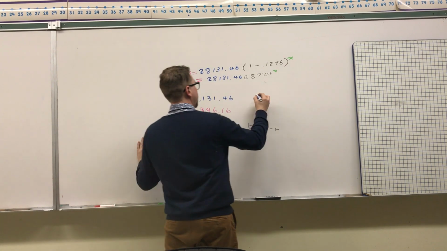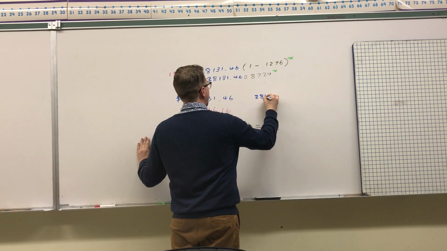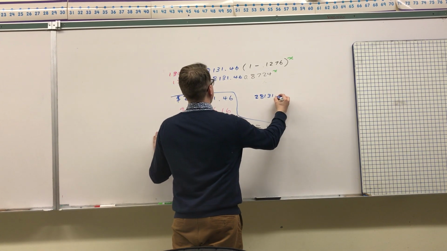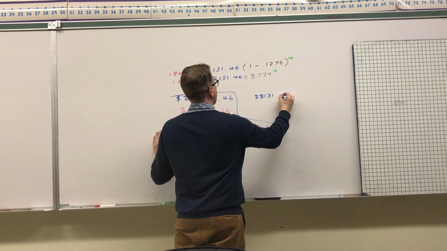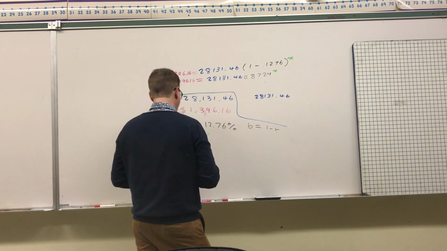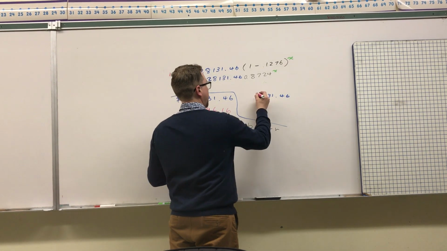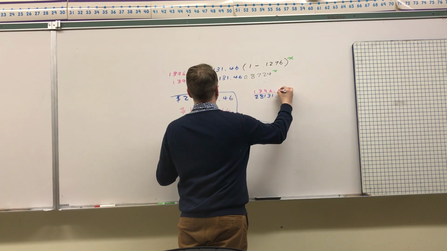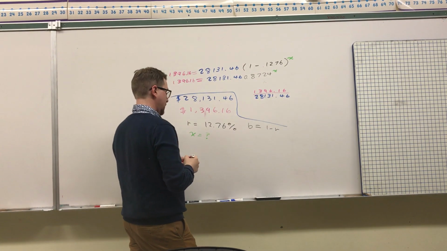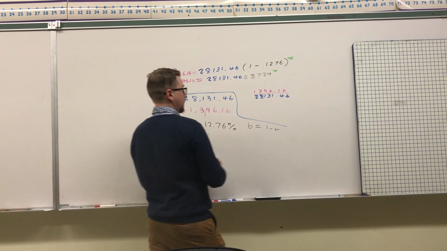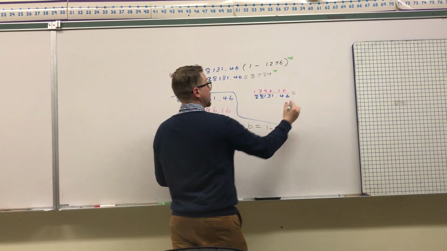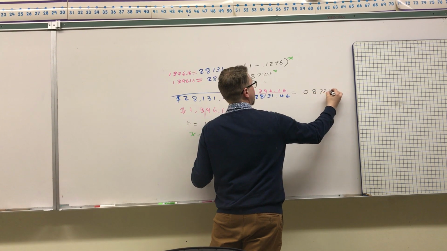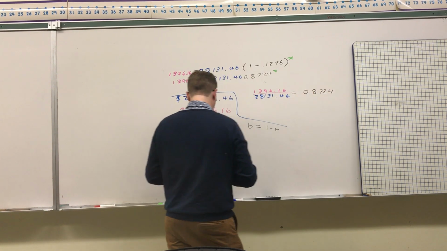So we now have 28,131.46 on the bottom, 1396.16 on the top, equal to 0.8724 to the x power.